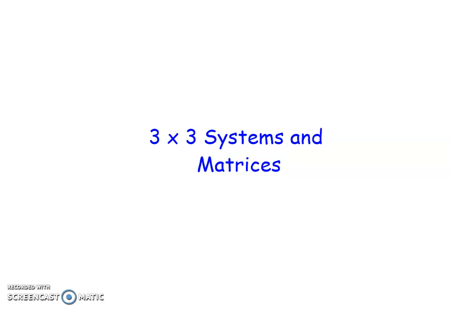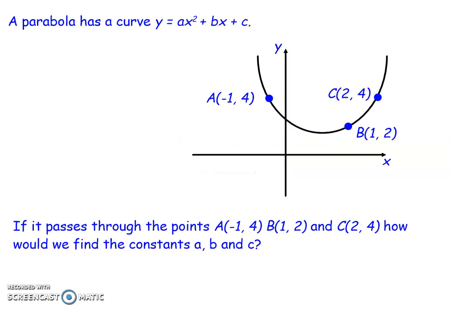Let's set the scene with an example. Let's imagine I've got a parabola with the curve y equals ax squared plus bx plus c. On that parabola I'm going to give you 3 points, which are shown on the diagram. The question I want to answer is how can we find the constants a, b and c.